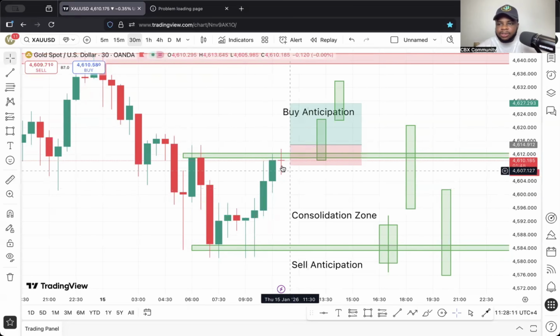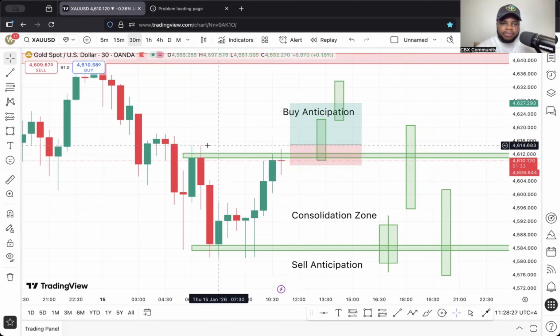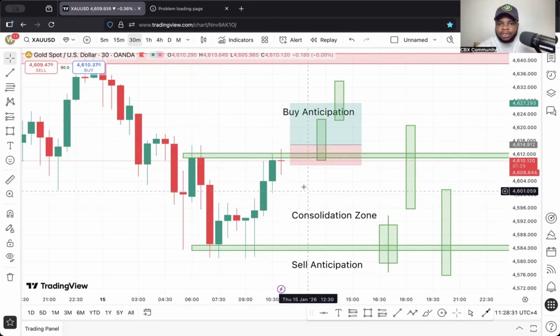So this 30 minutes candle is about to close. This 30 minutes candle can choose to close with a rejection, bearish candle, or a doji candle, or a bullish candle. So let's wait. Since this candle has a minute left to close, and we are still anticipating the break of this bearish candle over here, we don't need to do anything. So let's see what the next candle wants to do, because it's very important for us to wait.